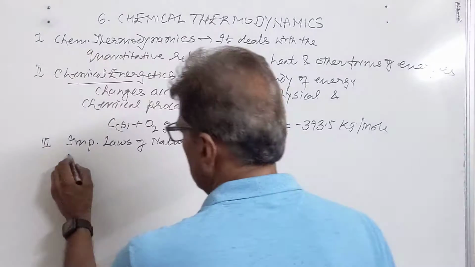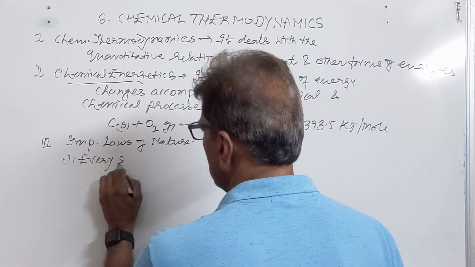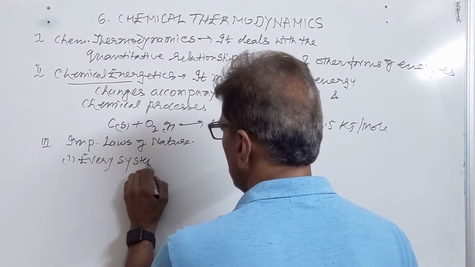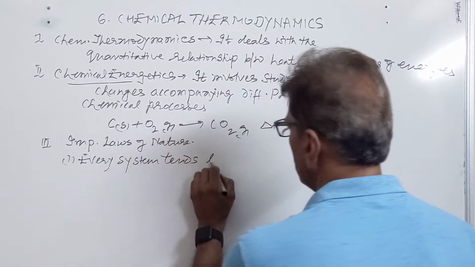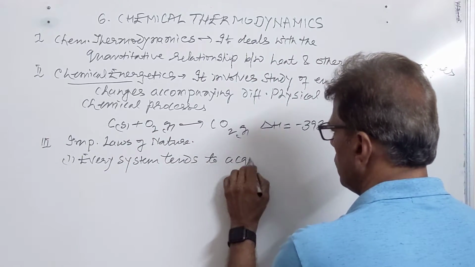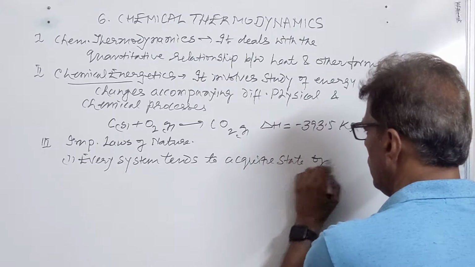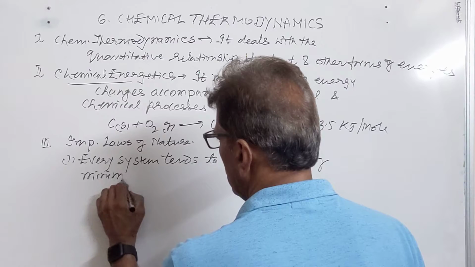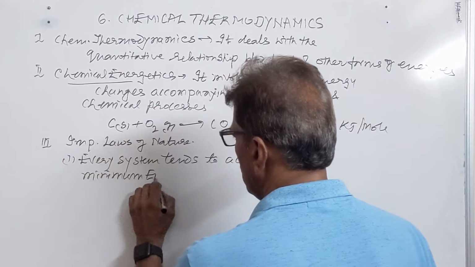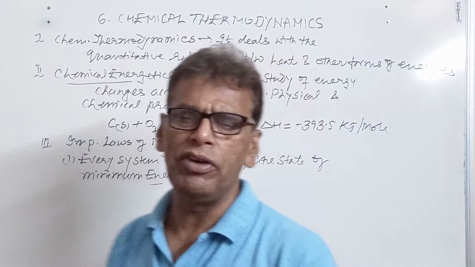Number one is every system in the universe tends to acquire the state of minimum energy. It does not want to remain in the state of maximum energy.